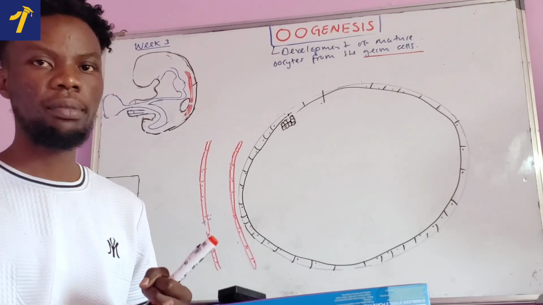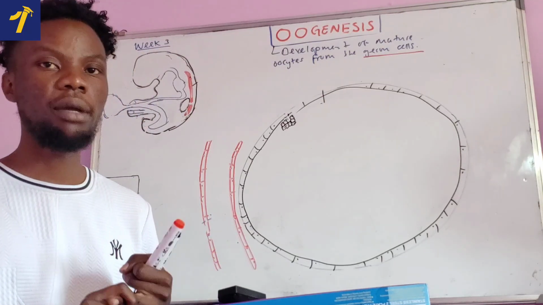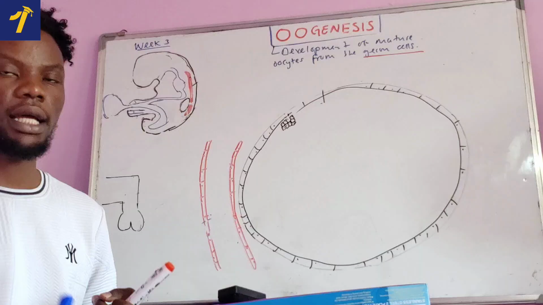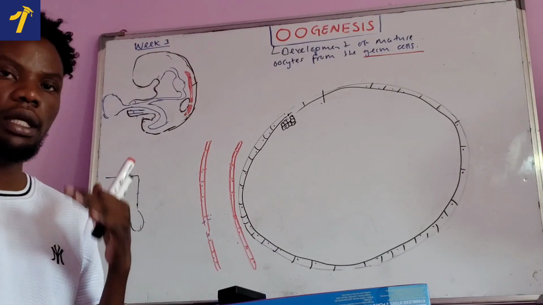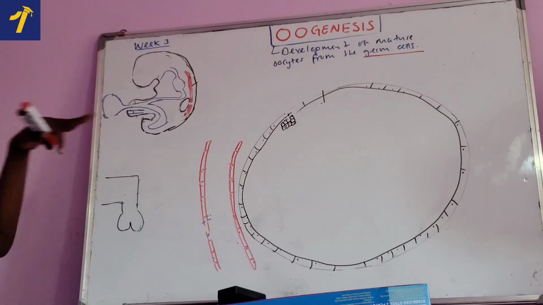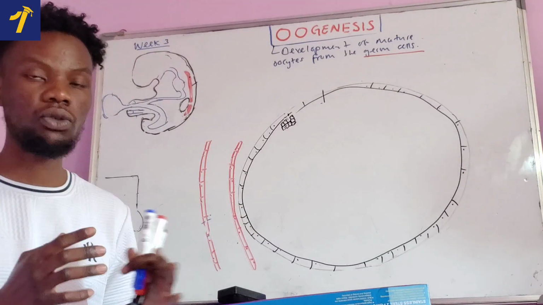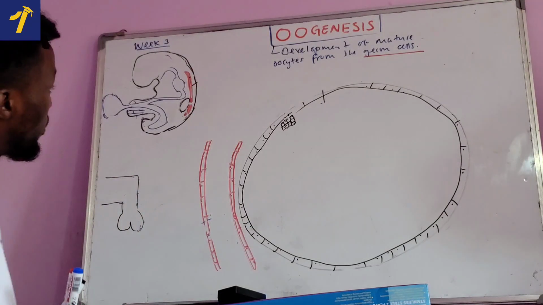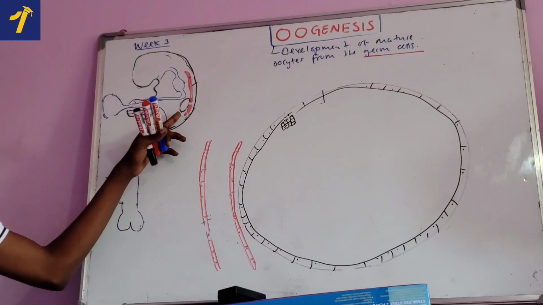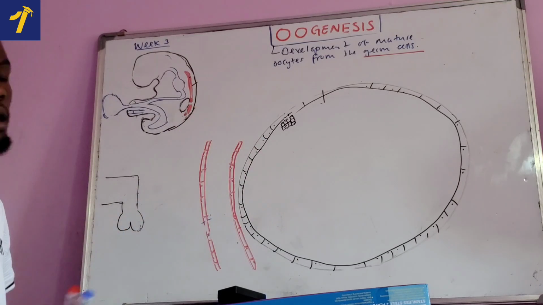In week 2, we find the embryoblast as well as the hypoblast and the epiblast. Then in week 3, that's where gastrulation is going to happen, and the majority of organs start developing. That's why we're picking week 3, because the gonads, the ones that are going to develop into ovaries, start developing there. That's why it's important to start from week 3.